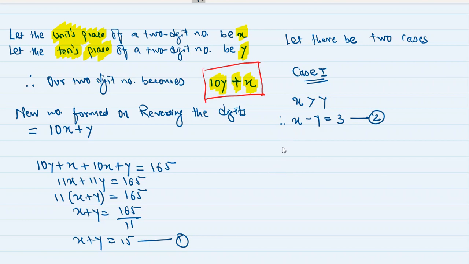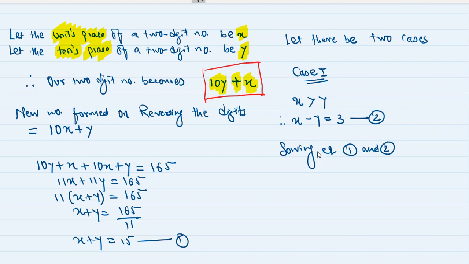Now, if you solve equations 1 and 2, what do you get? See, x plus y is 15. I think you should pause the video, solve it right now, and once you get the answer, you just confirm it with me. Pause the video and solve equations 1 and 2.